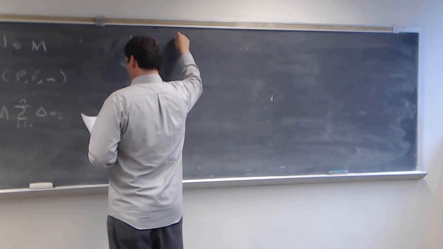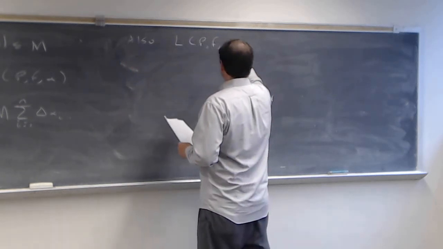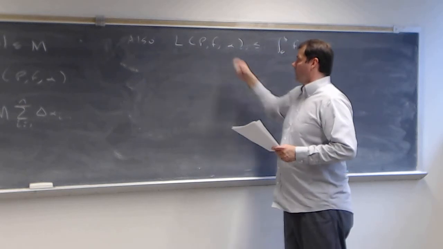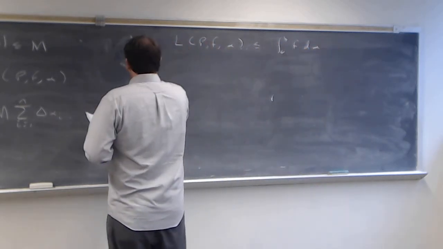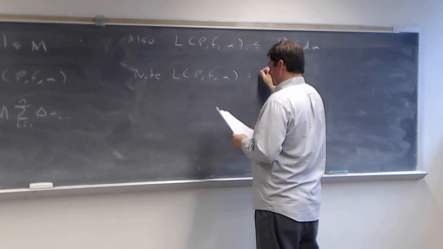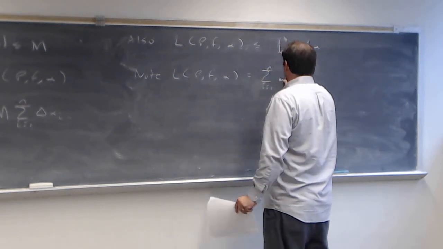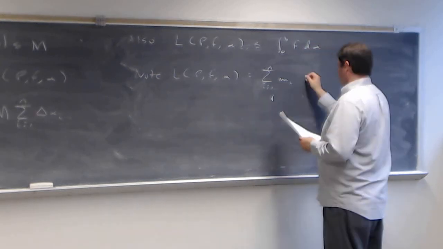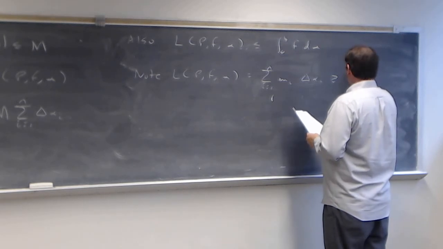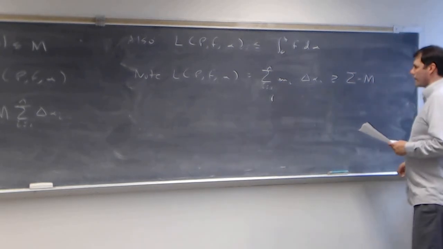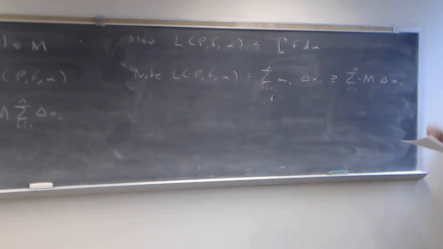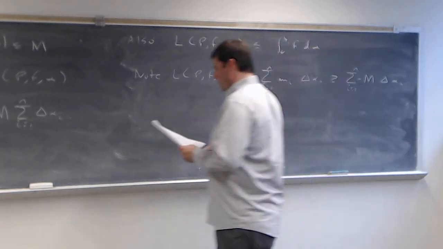Similarly, we have that the lower sum of the partition, f, alpha, will be less than or equal to the integral from a to b of f d alpha, because the integral is equal to the sup of all these lower sums. And this lower sum is equal to the sum over i running from 1 to n of the little m sub i's delta alpha sub i, which is greater than or equal to the sum of the minus M's delta alpha sub i.